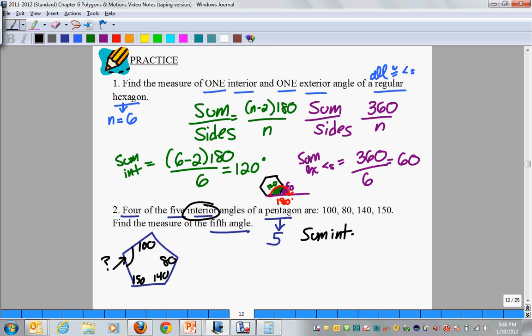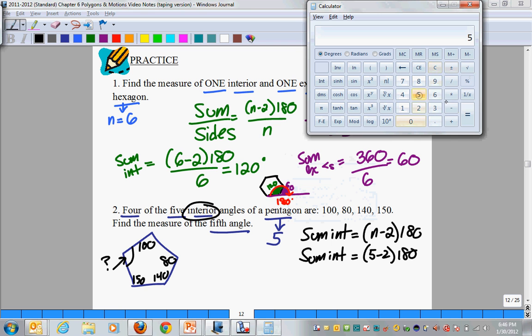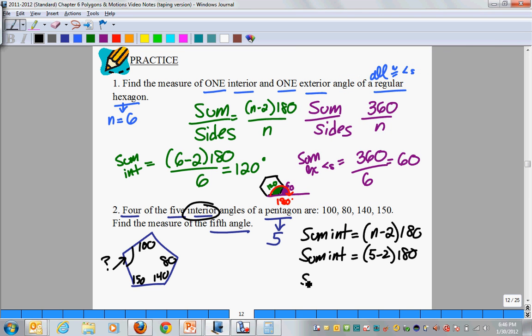The sum of the interior angles is sides minus 2 times 180. The sum of the interior angles is 5 minus 2 times 180. That's 3 times 180, and that's 540. So the sum of all 5 interior angles must equal 540.